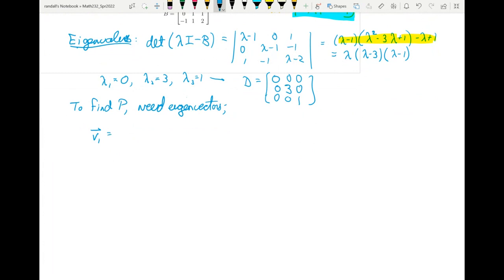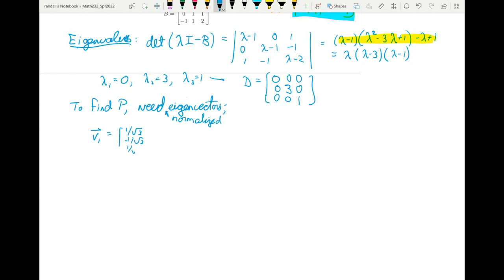I should say normalized, okay? Because I want an orthogonal matrix P. So normalized. You find the eigenvectors first, and then you extract the multiple that has norm 1, right? So you take the particular eigenvector that has norm 1. And that's been done here. So you can check that these all have norm 1.